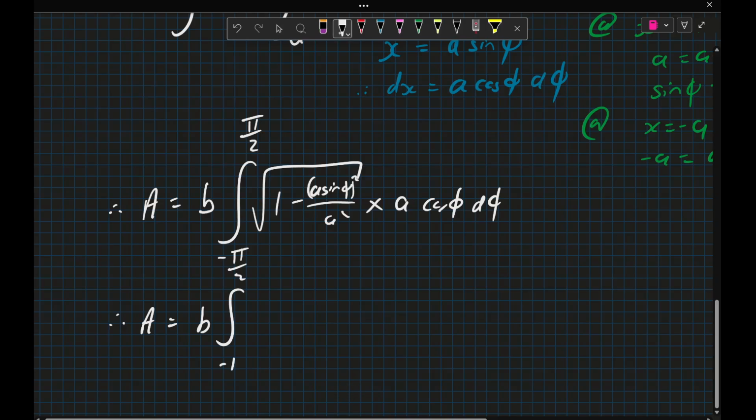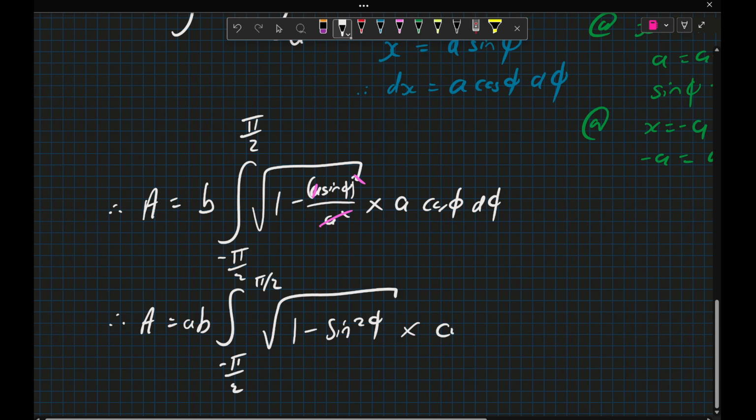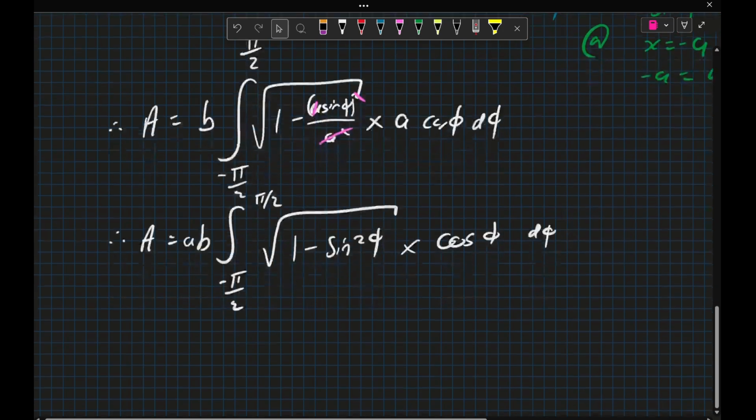So again, we're still integrating, but now we can do some cancellation. We can see that there's going to be an a squared popping out here and an a squared popping out there. And so we're actually going to get the square root of 1 minus sine squared phi under the square root. But because we're multiplying by a, I'm actually going to throw the a outside as well, and we'll just be able to times by cos of phi. So let me just rewrite that as cos of phi, still with a d phi, because we haven't evaluated yet.